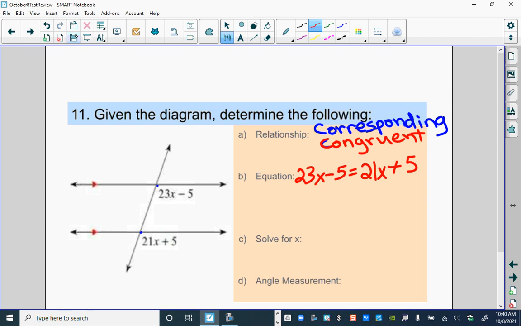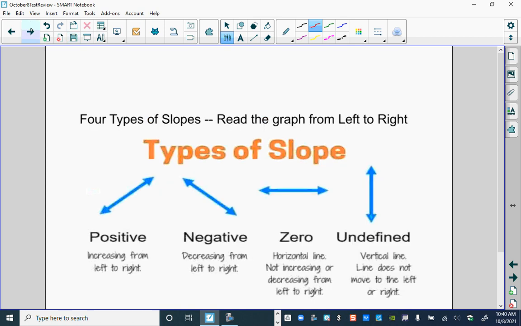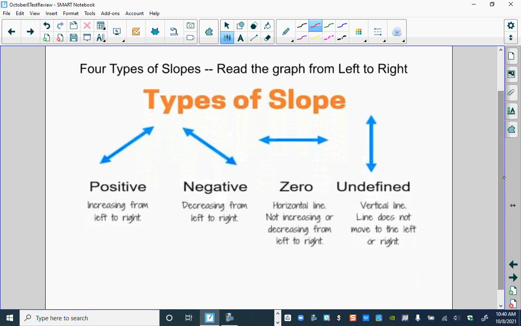Types of slopes. This is a little more recent, so you should have somewhat of an idea of what we're dealing with. We have the four types: negative, positive, 0, undefined.